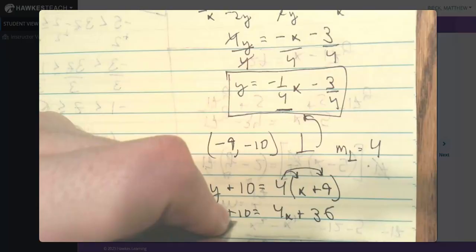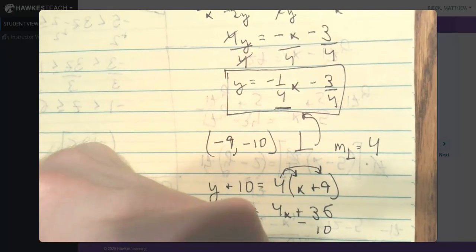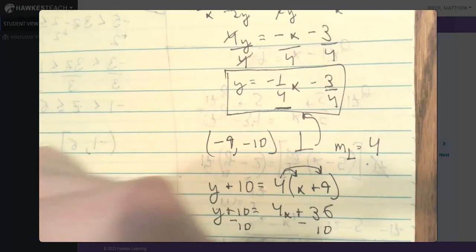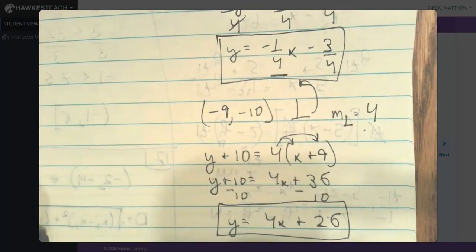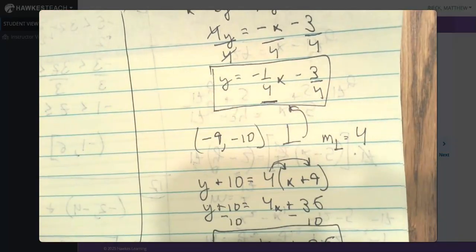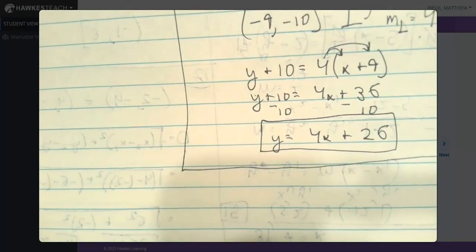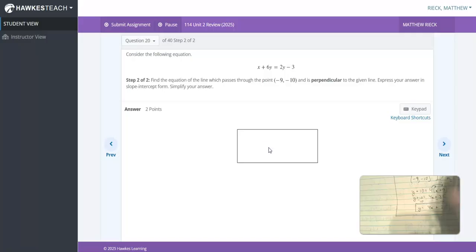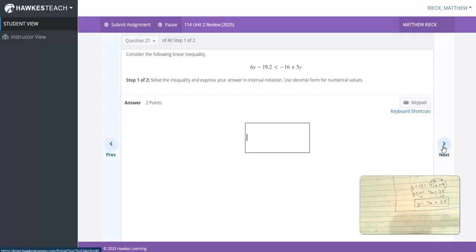And then to get the y by itself, we can subtract a 10 from each side. So you end up with y equals 4x plus 26.